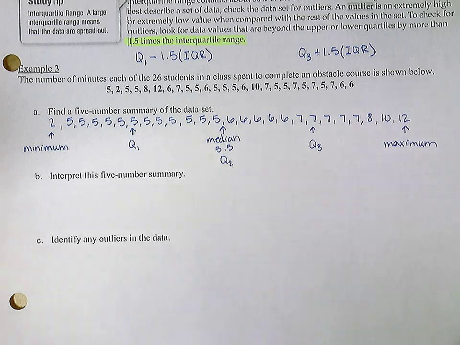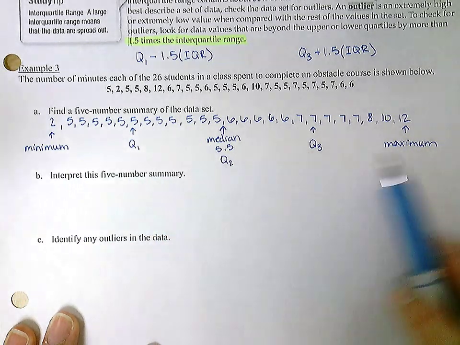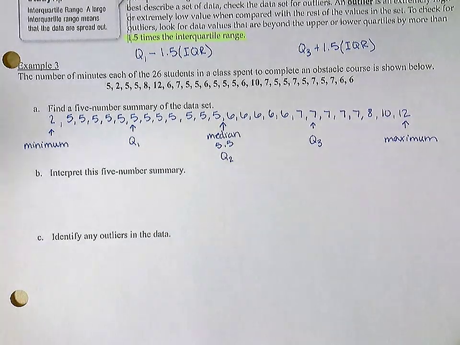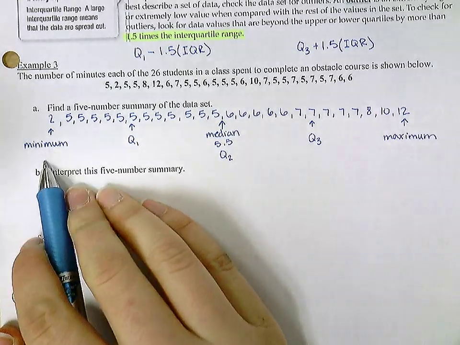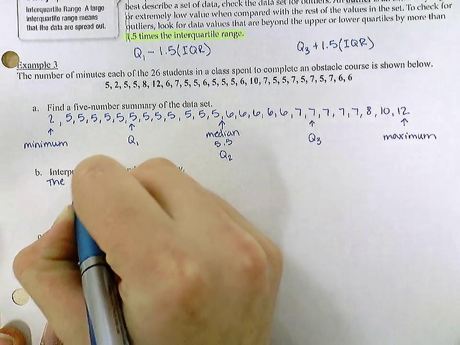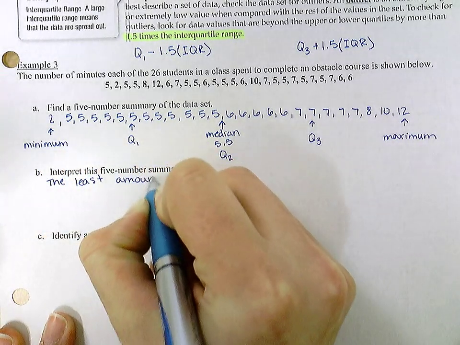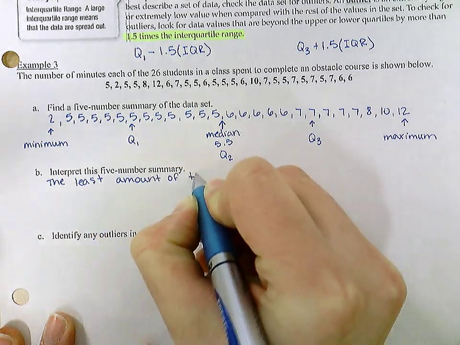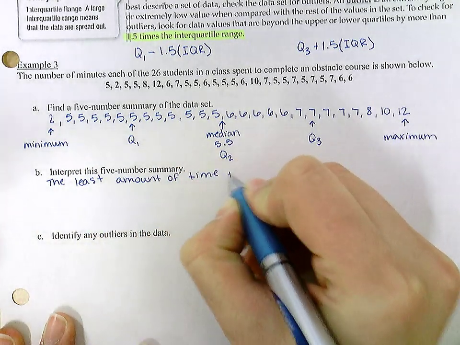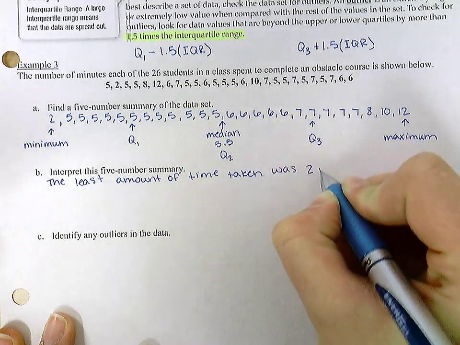So again, remembering each quartile is 25% of the data. So I can start with the minimum. I can say the least amount of time taken was 2 minutes.